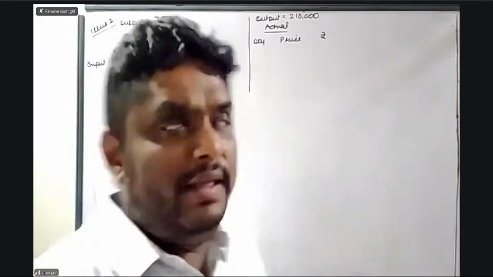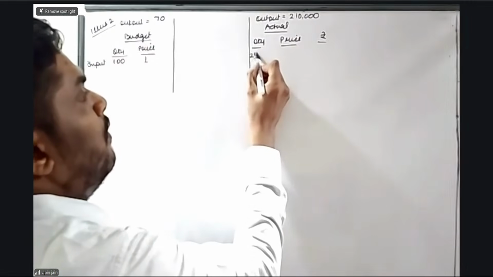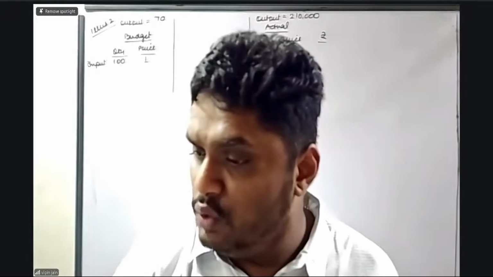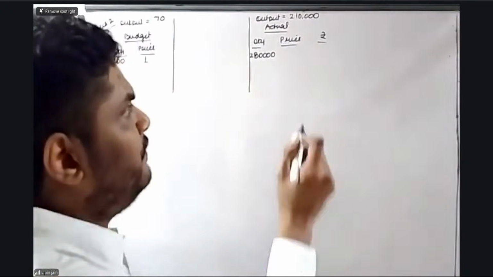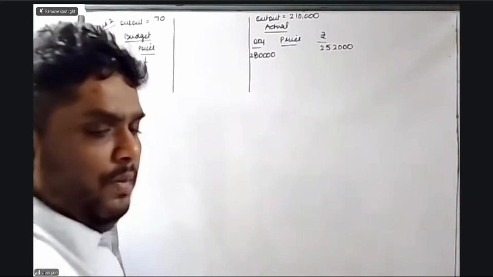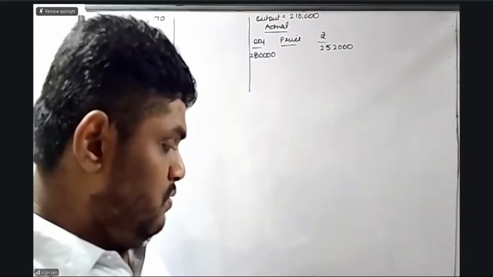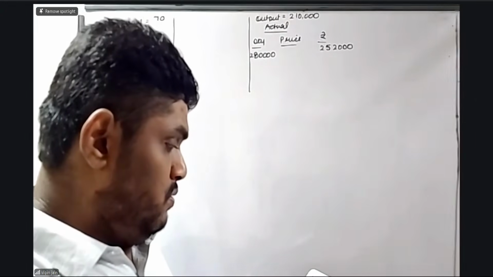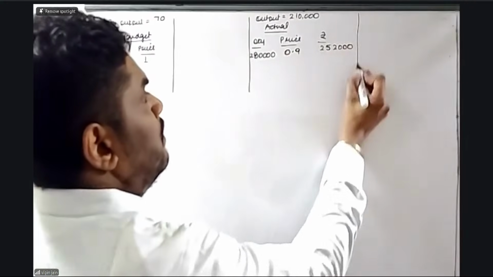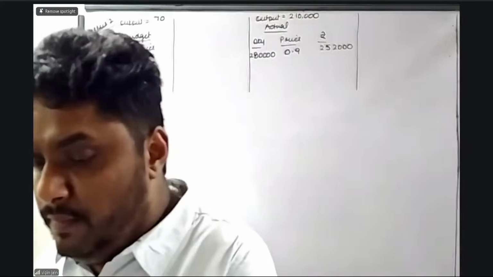Material used is 2,80,000 kgs. Further, the amount paid for these 2,80,000 kgs is 2,52,000. So my actual price will be how much? 0.9. So this is the budgeted and the actual data.